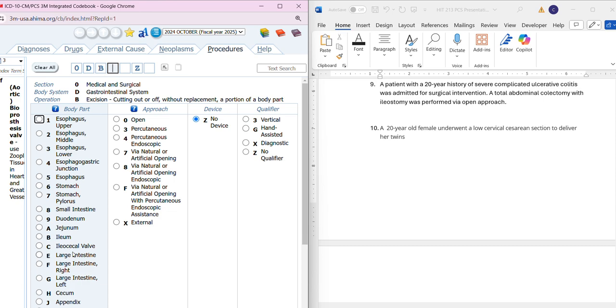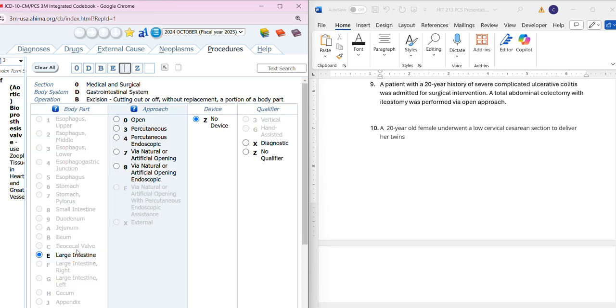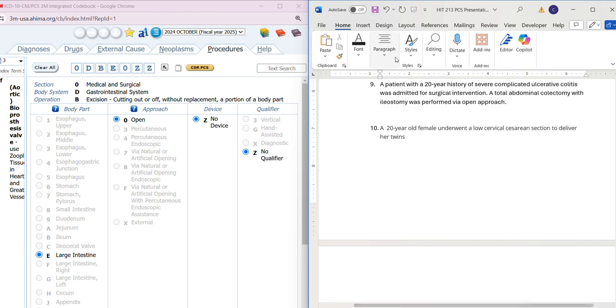So it's going to be E, large intestine, and it said it was done via an open approach. And then for qualifier, the documentation did not say that it was for diagnostic purposes, so it's going to be Z, no qualifier. So the code for number 9 is going to be 0, D as in David, B as in boy, E as in elephant, 0, Z as in zebra, Z as in zebra.